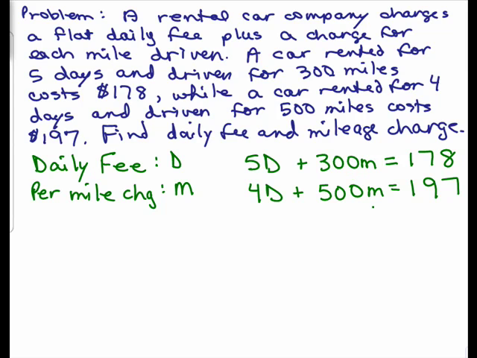So go ahead, use your calculator, go all the way through it, deal with the decimals if you end up with decimals, and solve for either D or M. Then go back to one of these equations and figure out the other variable, and you should come up with a daily fee and the per mile charge. So put it on pause, work through it, lots of algebra, and let's see what you get.